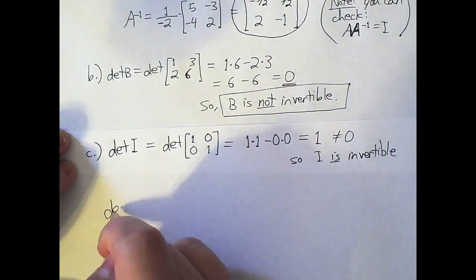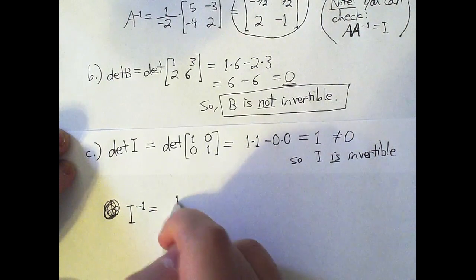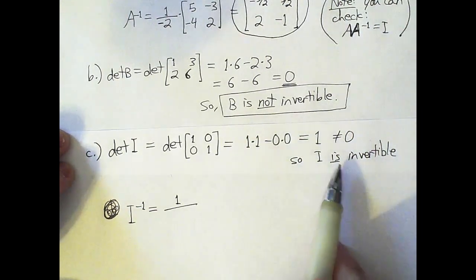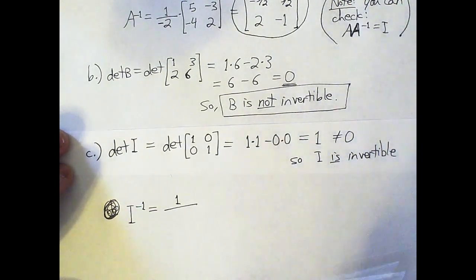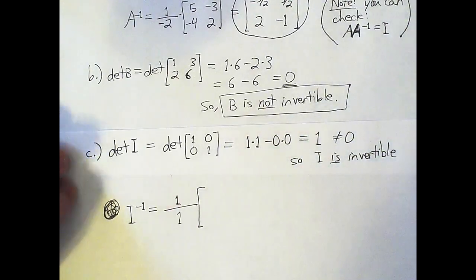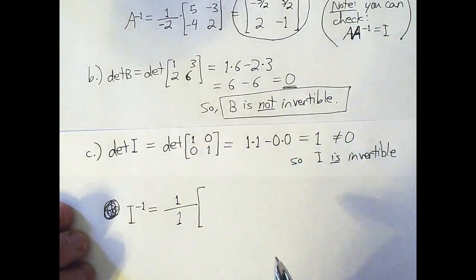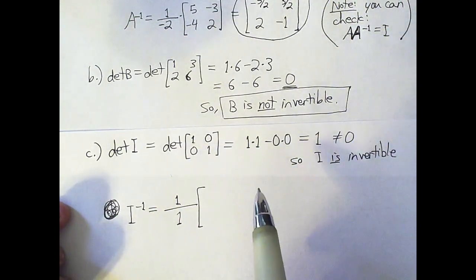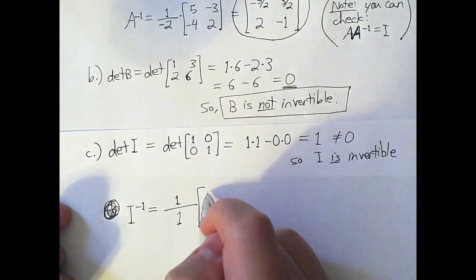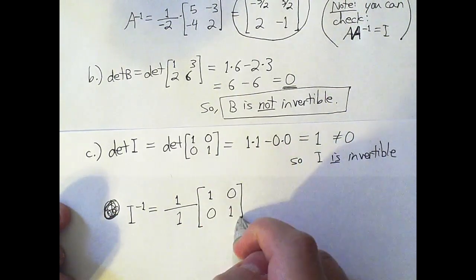The inverse of I is 1 over the determinant we found, which is 1. Okay? 1 over 1. And then times, look what happens to this matrix when we use the formula. You wind up with 1, 0, 0, 1, don't you?